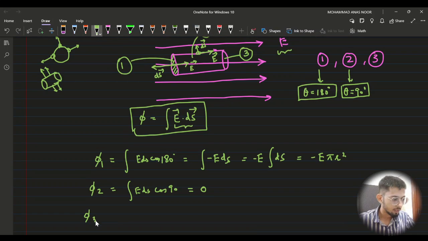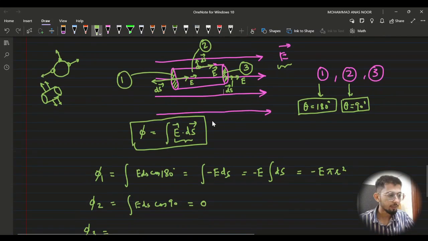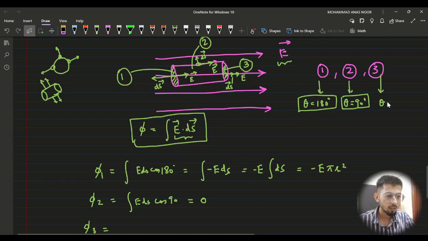Find the flux through the third surface. We have this integral of E·dS, and dS is also in this direction this time around, the same direction. So theta would be 0 degrees, right?